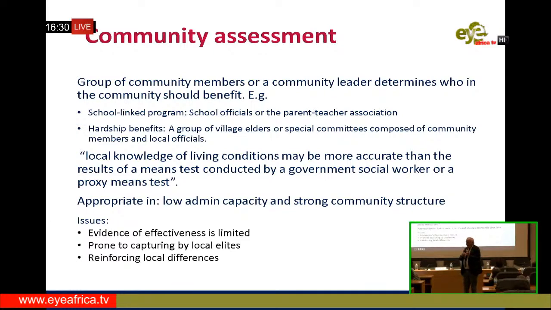Some people feel like they are discriminated against because they're not good friends with the community leader, or they are from another family, or another ethnic group, or tribe, or whatever is important, or because they are a female-headed household. For example, there is politics, there is corruption, things like that. So you didn't vote for me, so I'm sorry, right? So it works well. The information you get is pretty accurate, but it's not sustainable. It destroys communities.